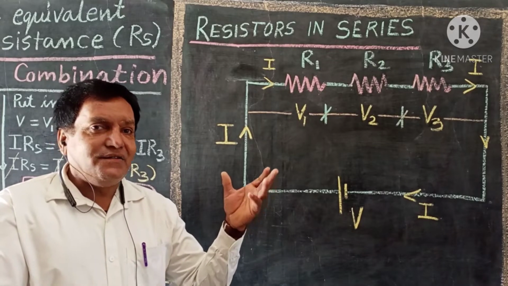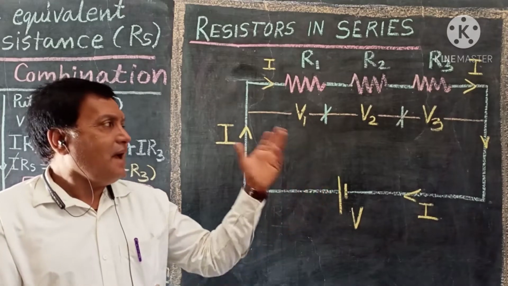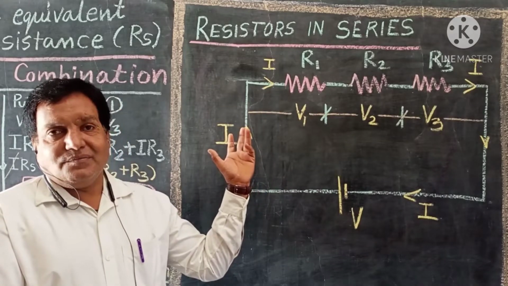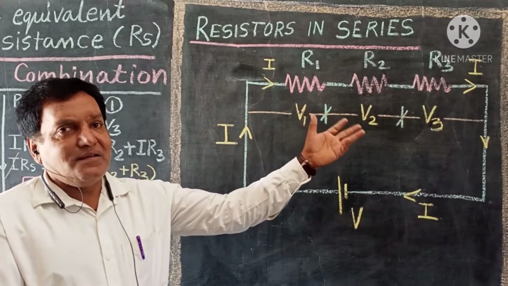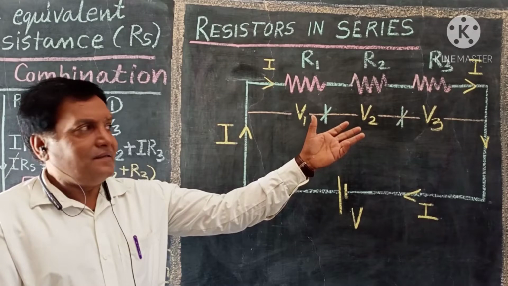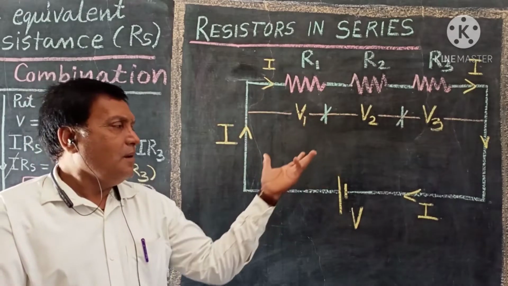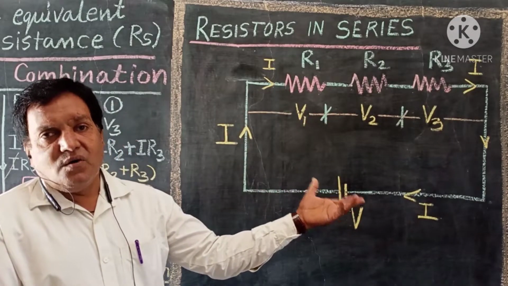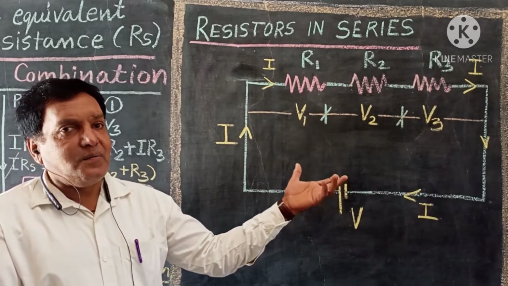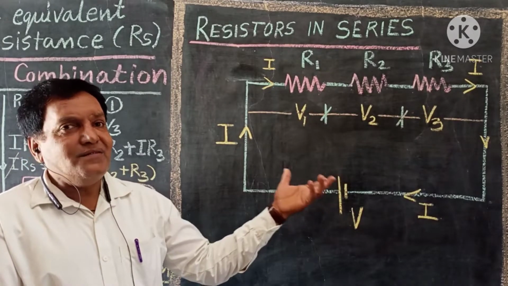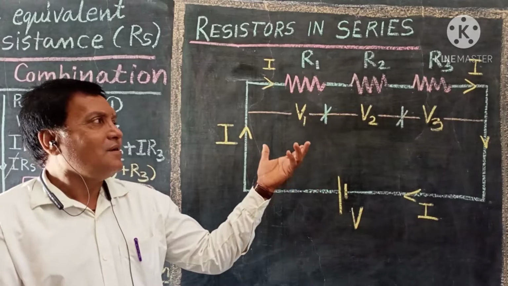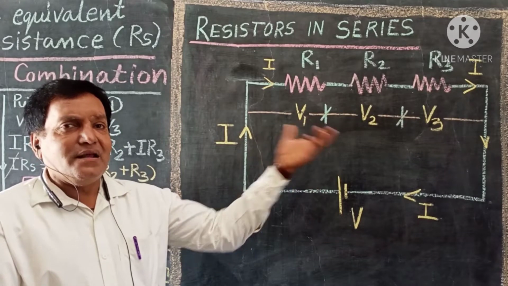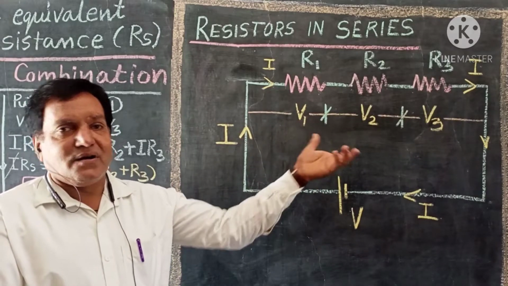just like a chain, and carry the same current flowing through all the resistors, but the potential difference or voltage, which we know is denoted by V, across each resistor is different.